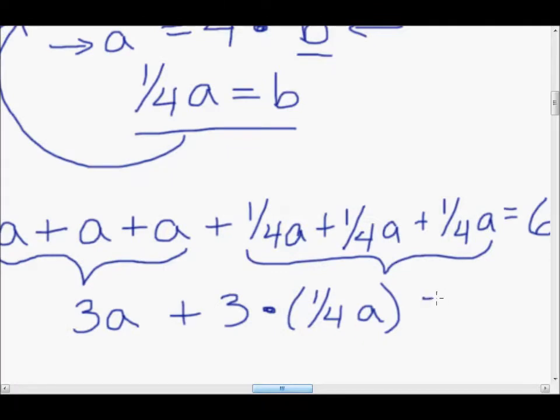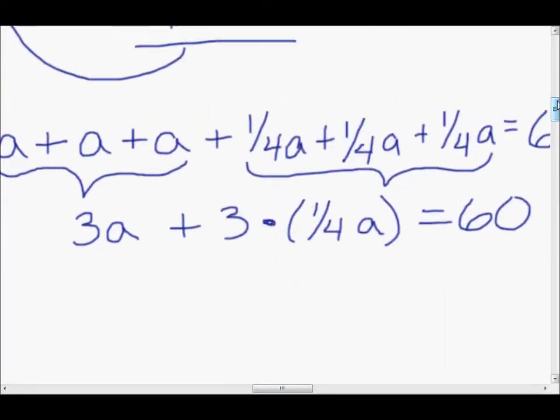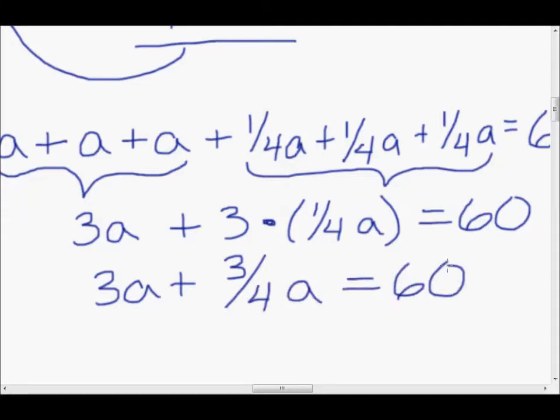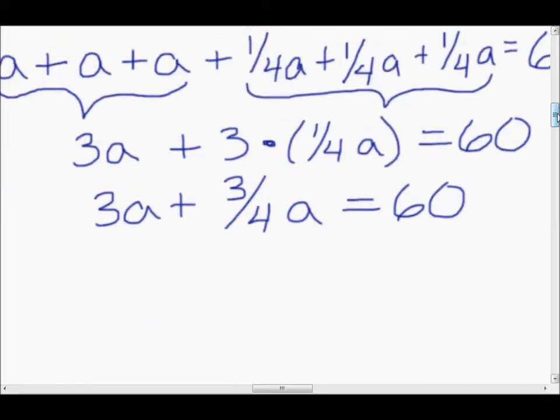And that thing equals 60. To add 3a plus 3 times 1/4 a, let's get rid of that 3 times. Order of operations here, right? Multiplication happens first. So we've got 3a plus 3/4 a equals 60.